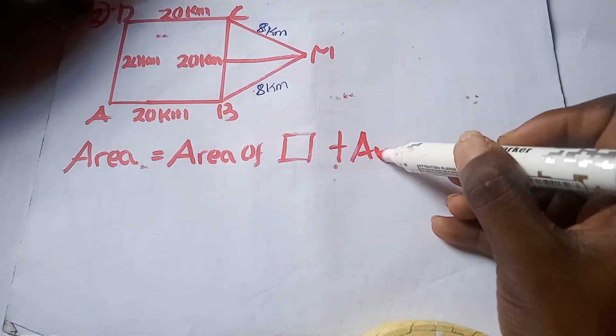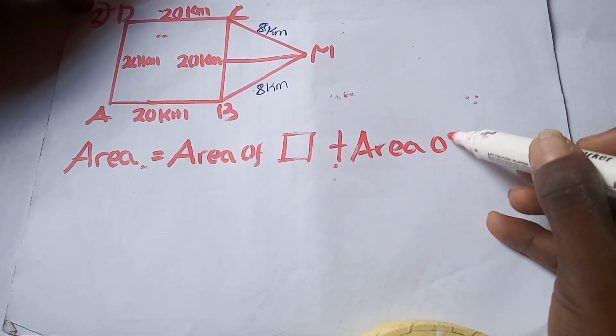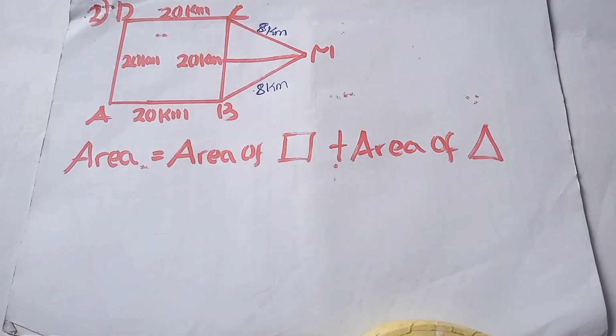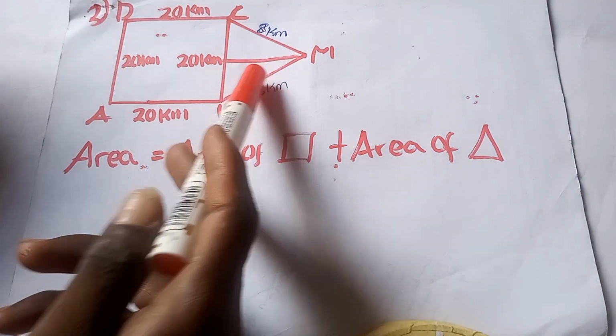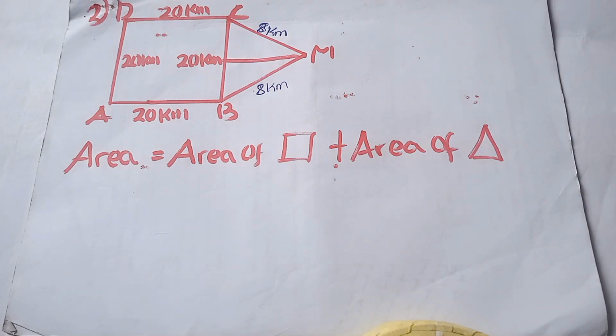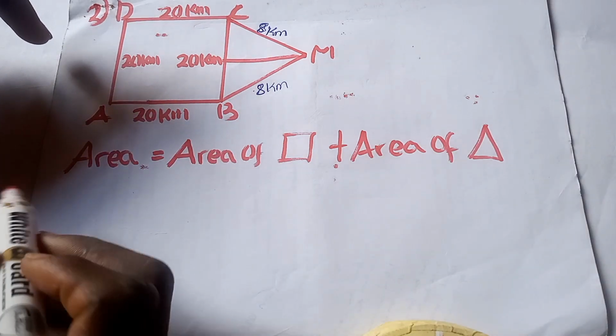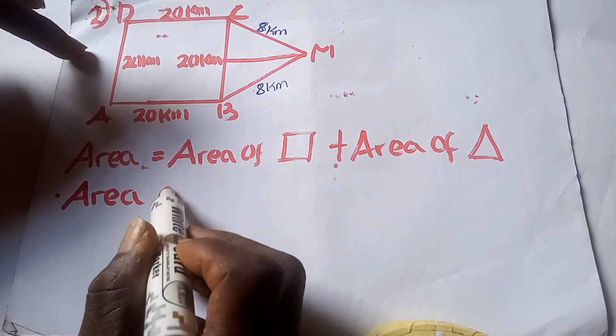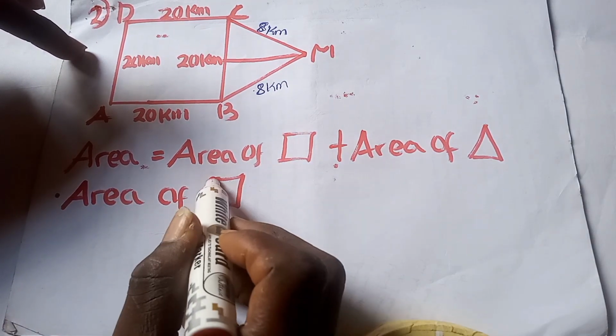Plus the area of what? The triangle. That is the total area of the map. Area of the square plus the area of the triangle. Now, if you want to find the area of the square, let's begin with the area of the square.